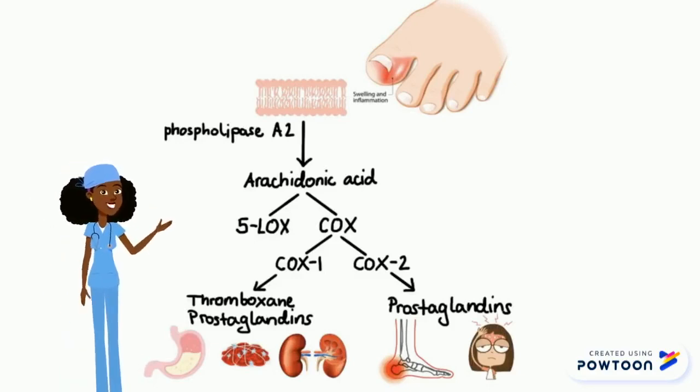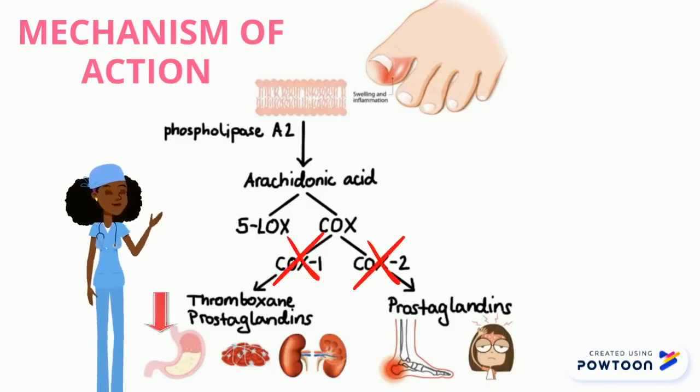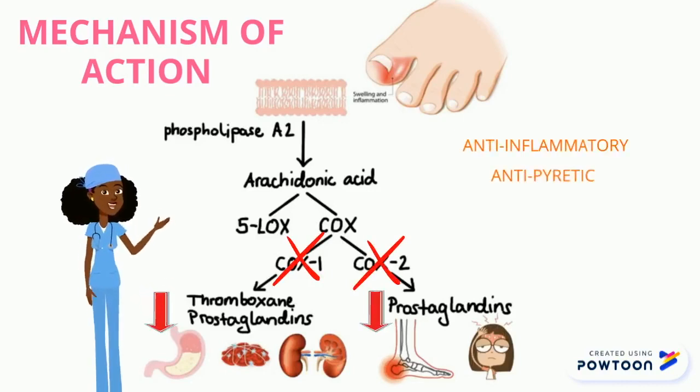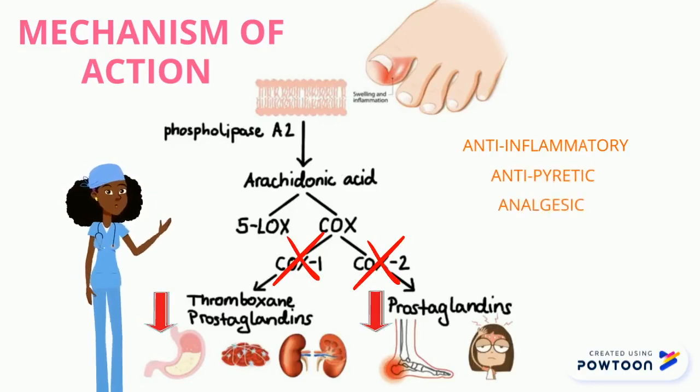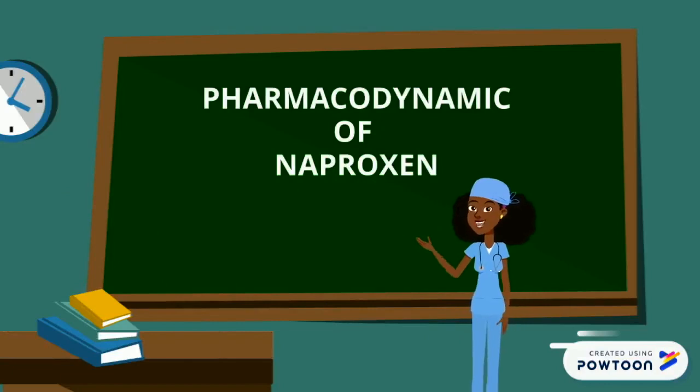Now, coming to the mechanism of action of naproxen. Naproxen acts primarily by inhibiting cyclooxygenase enzymes. It leads to decreased production of prostaglandin, and as a result, it produces anti-inflammatory, antipyretic, and analgesic effects. So now let's move on to the pharmacodynamics of naproxen.